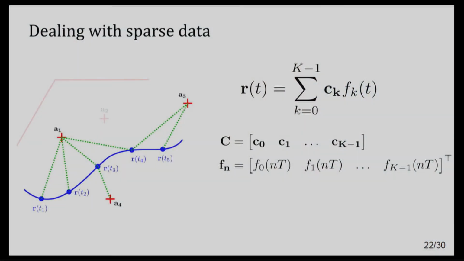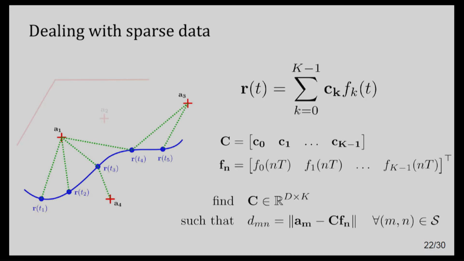And just to show the actual problem, we introduce the matrix C with all the unknown coefficients, and then we also sample uniformly in time. So n here is our time index, and big T is the sampling period. And we introduce this vector F_n. Then we can rewrite the problem of finding the trajectory as such.